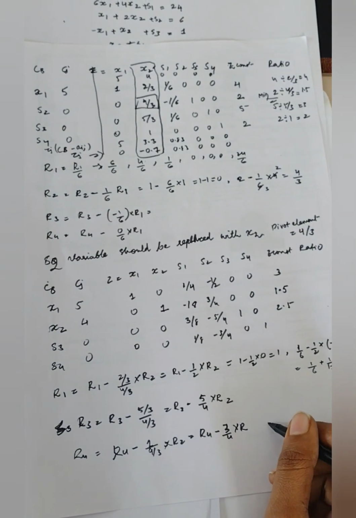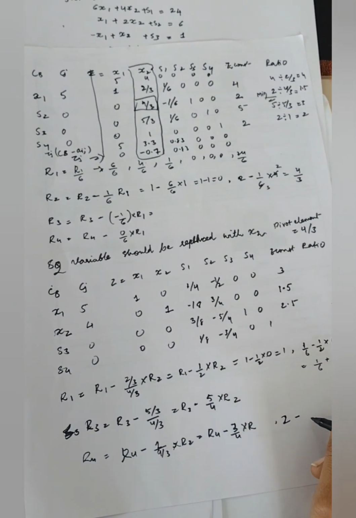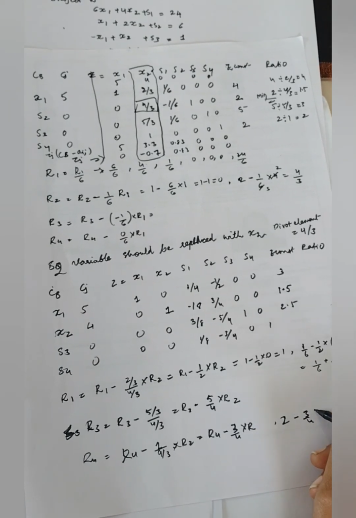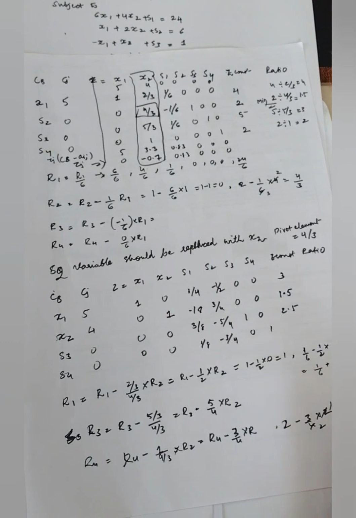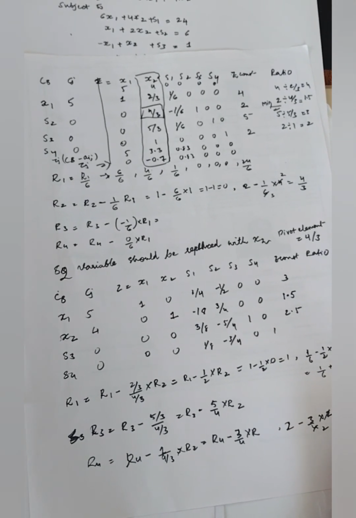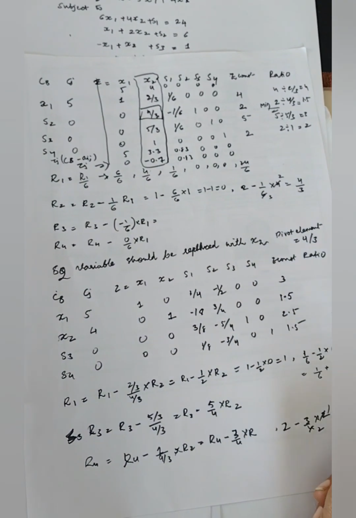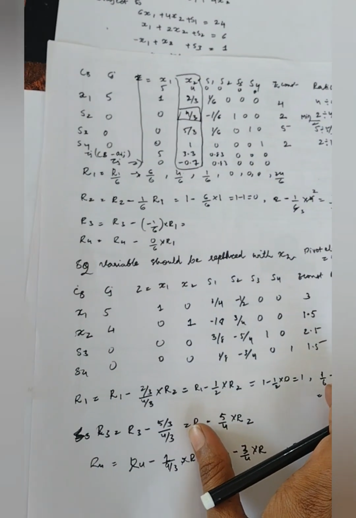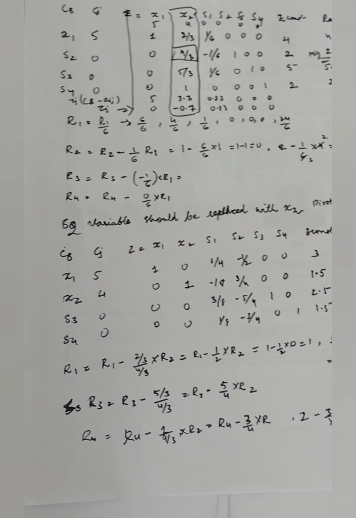This one, R4 is 2 minus 3 by 4 into R2, 2. 2 and the 2 twos are 4 minus 3 by 2, that is 1.5. Now, I hope you guys are getting this.